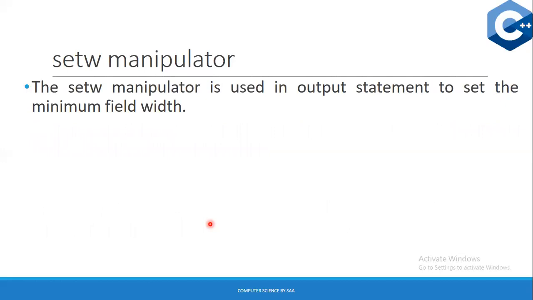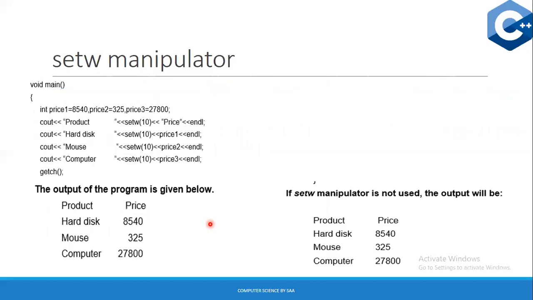The next one is the setw manipulator, and it is used in an output statement to set the minimum field width. For example, here is a code. When this code is run with the setw manipulator, you can see the output.